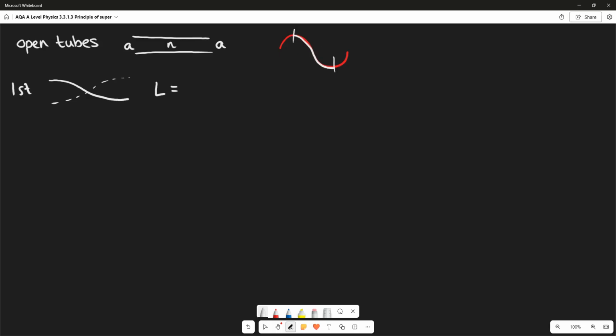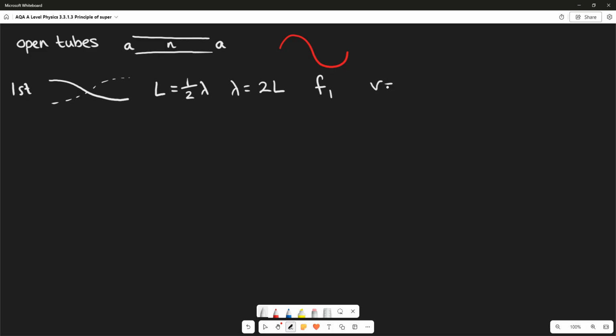So if we split that into quarters, we can see that it's 2 quarters, with this one at the end and that one at the other end sort of missing, having been chopped off. So this is half a wavelength. And if we write that in terms of the wavelength, one wavelength will be twice the length of this tube. And this is the simplest frequency that you can get, the simplest standing wave, and therefore the lowest frequency.